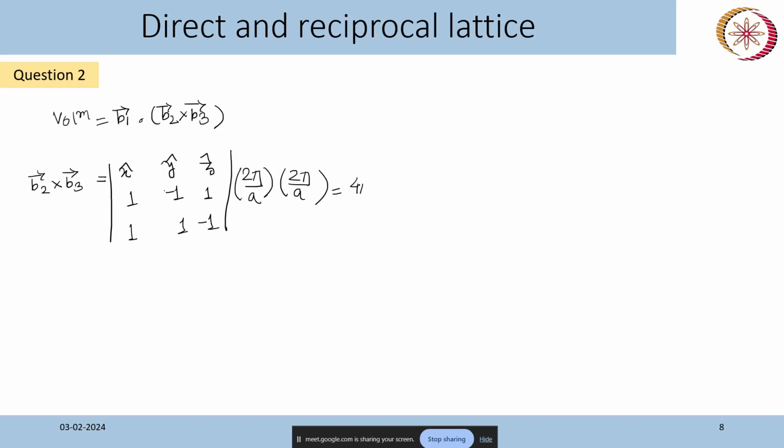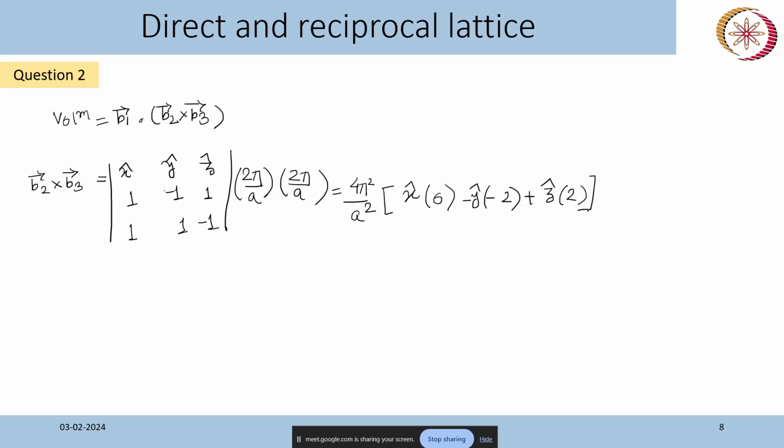Okay, so 4 pi square by a square, with x cap it will be 1 minus 1, 0. Minus y cap it will be minus 1 and minus 1, minus 2, and plus z cap it will be 2 plus 2.